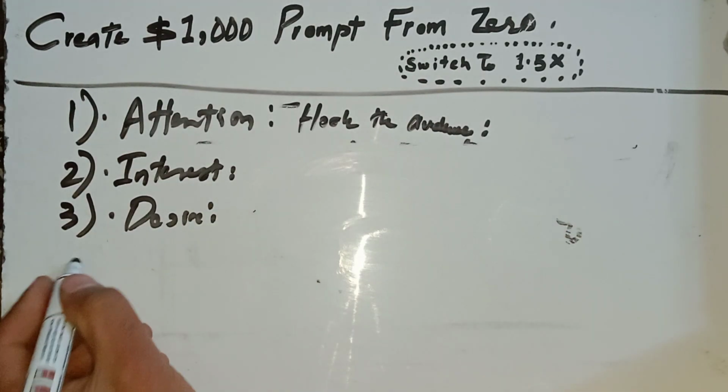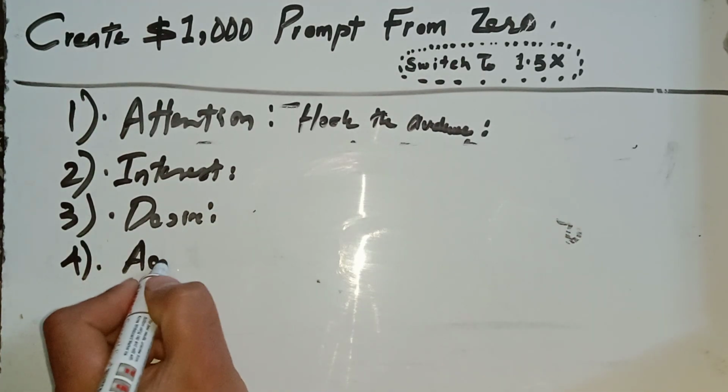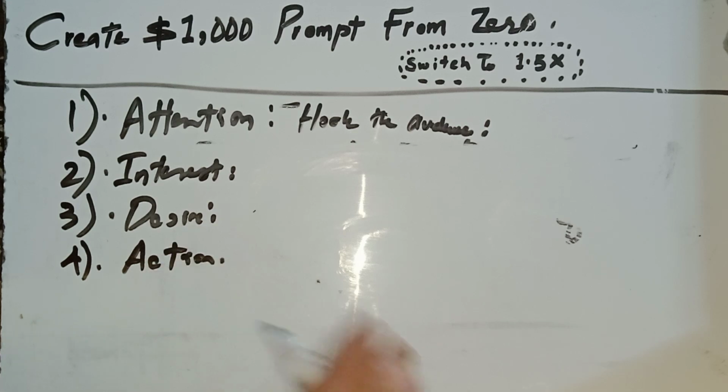Now comes the fourth and final one, that's action. This is where most people tell AI what to create and what not to, but they forget where to end it, or what the end goal is. So you must ask the AI to build a call to action.